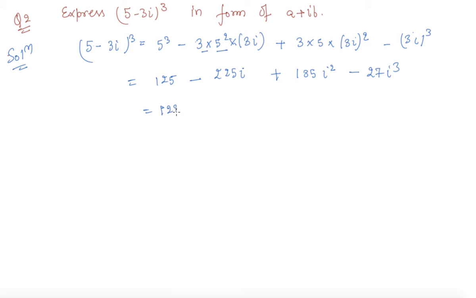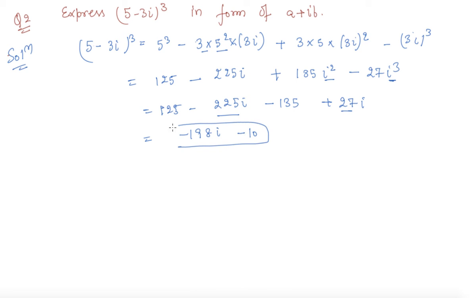So this will be 125 minus 225 iota. Iota square is minus 1, so it is minus 135, and iota cube is minus iota, so it is plus 27 iota. So this is coming out to be minus 225 plus 27 is minus 198 iota minus 10.